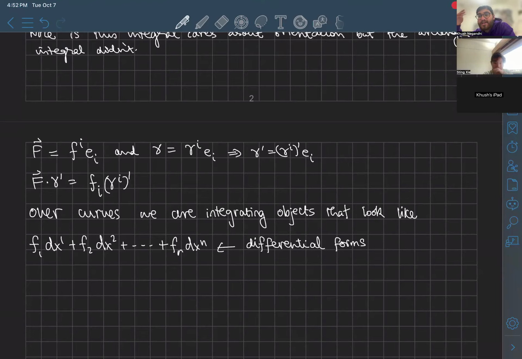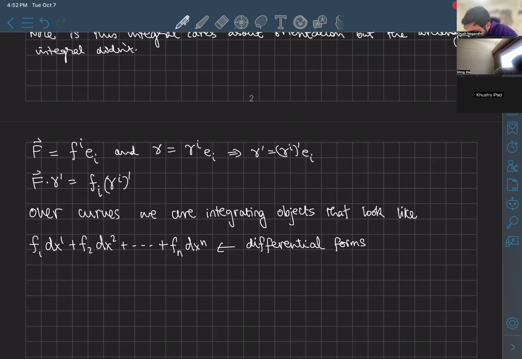And area in one dimension is nothing but length. And every one-tensor is alternating. So we see that these differential forms are alternating tensors. Okay. We'll look at higher order differential forms later. But this is something we should keep in mind.